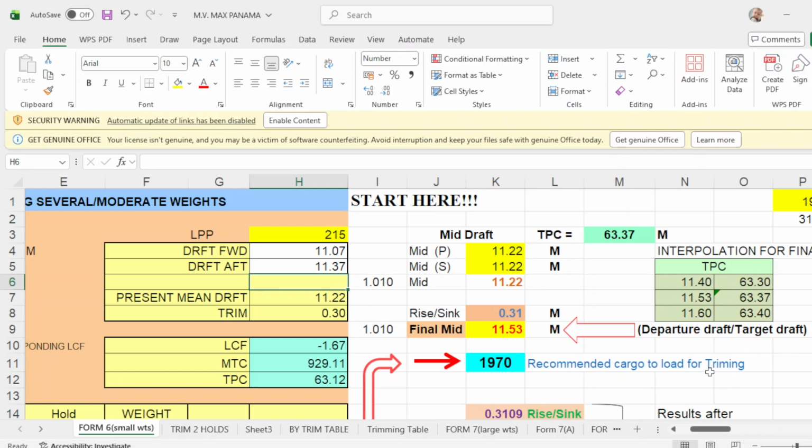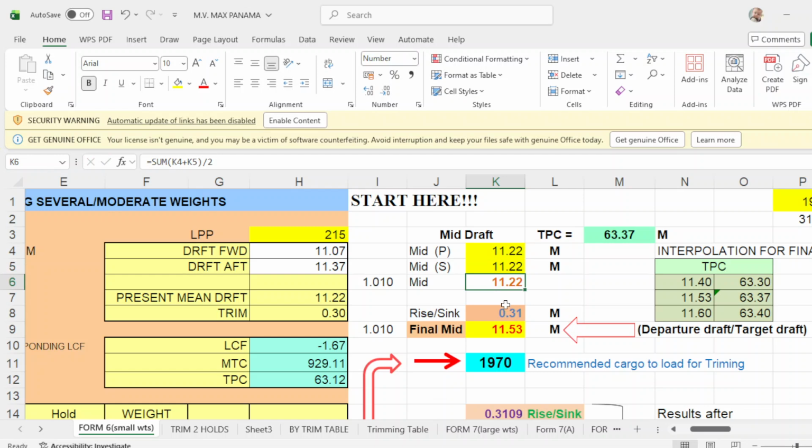After taking the draft, both the draft surveyor and chief officer agreed that draft forward is 11.07 and aft draft is 11.37, okay? And their mid-draft is 11.22. And the mid-port and mid-starboard actual reading was 11.22, okay?